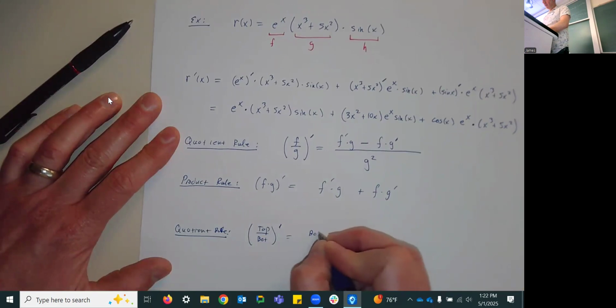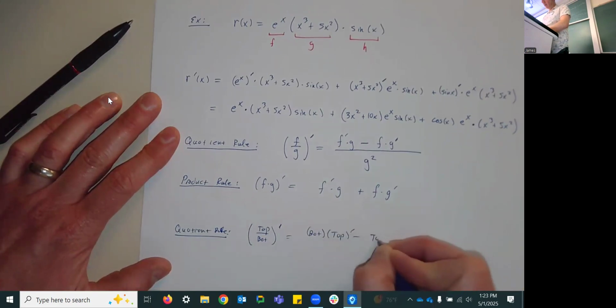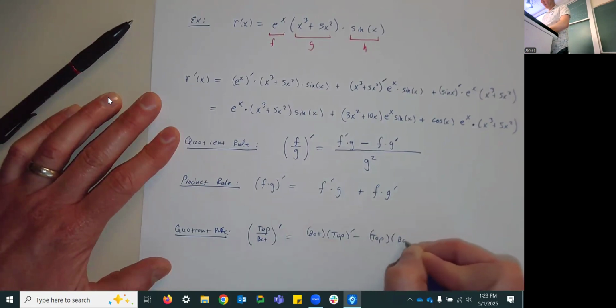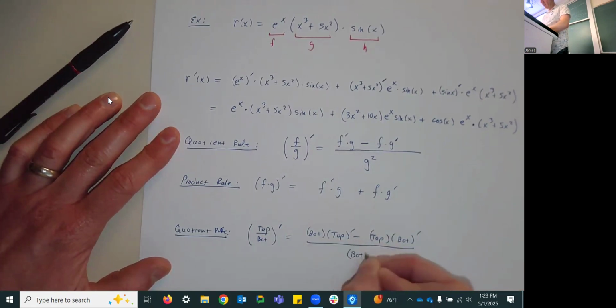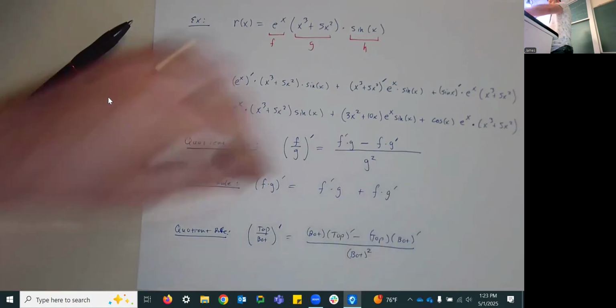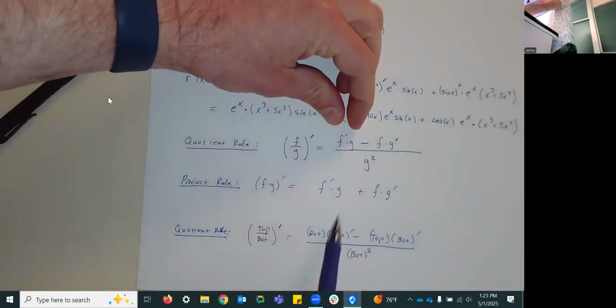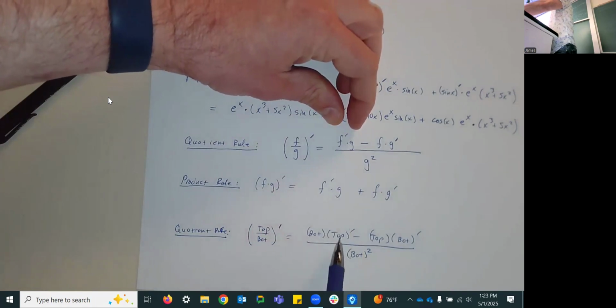It's the bottom times the derivative of the top minus the top times the derivative of the bottom, all divided by the bottom squared. Notice that I did this in a slightly different order than it's written up here. Here it's written as the derivative of the top times the bottom, and here I've said it out loud as the bottom times the derivative of the top.